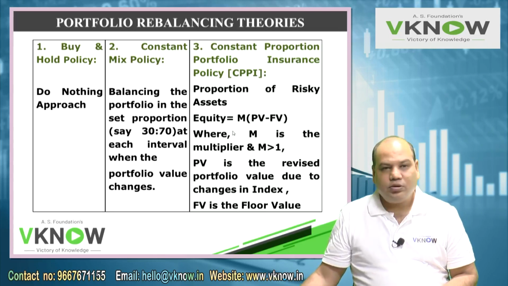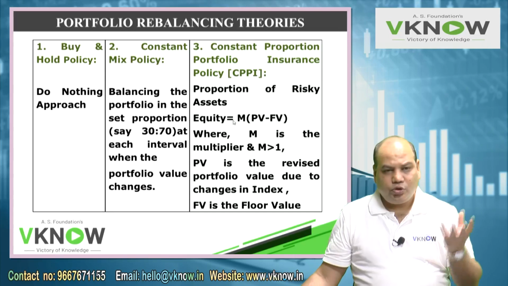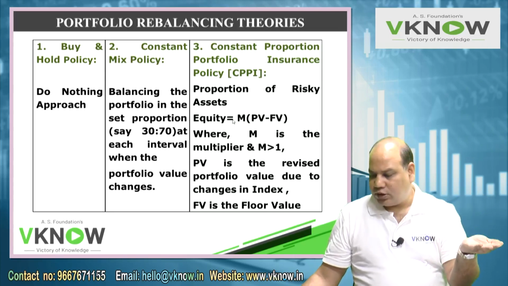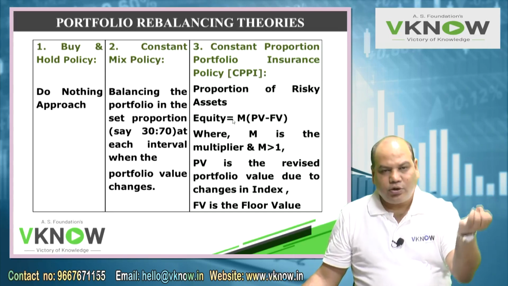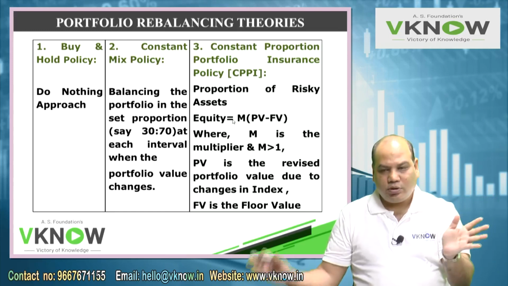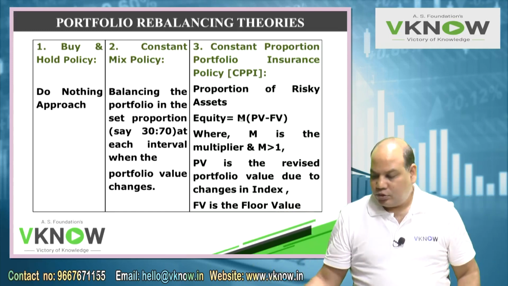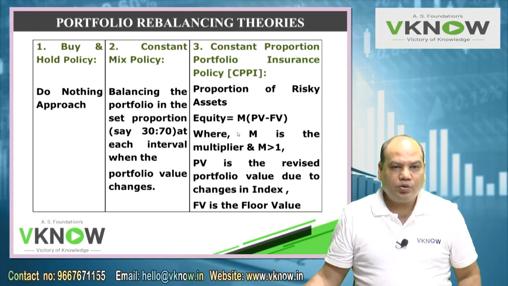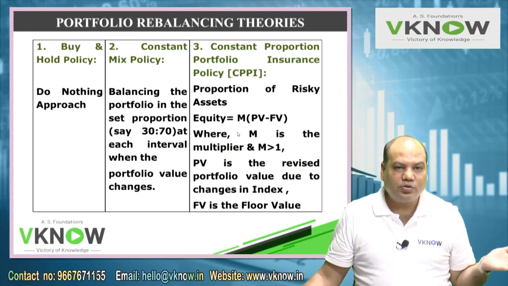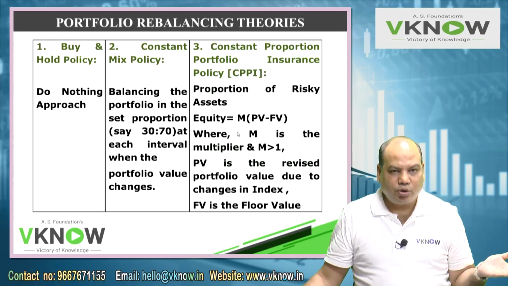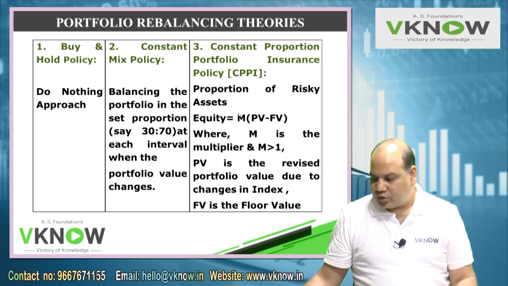So every rebalancing date, you will calculate the value of your asset, value of your bond, value of equity, floor value, and if required, you will reshuffle your portfolio. Either you will buy stock, sell bond, or buy bond, sell stock.